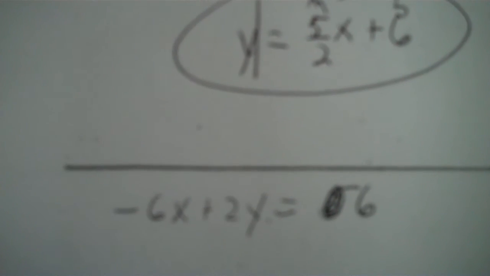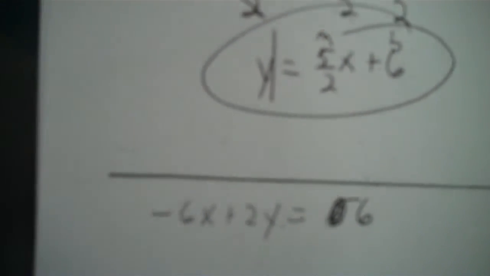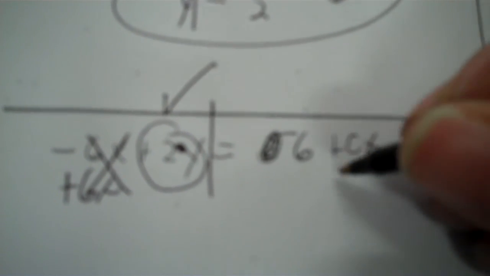Negative 6x plus 2y equals negative 6. So here's y, multiplier of 2, it's positive 2. If it's a minus in front of it, it's a negative 2. So check, no opposite rule necessary. Plus 6x, and then I make a 0x and plus 6x there.